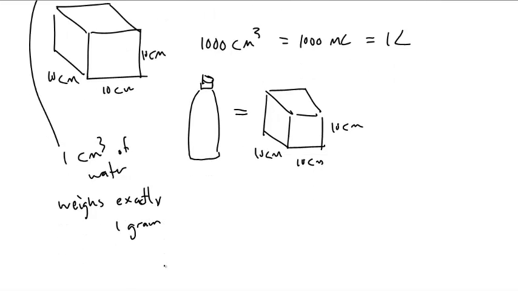And 1,000 grams, hopefully you know, is 1 kilogram. And hey, here's 1,000 grams. So 1 kilogram of water. So when you buy a 1 liter soda, well, I don't know, soda weighs a little bit different than water. If you bought 1 liter of water, it would weigh exactly 1 kilogram. So just sort of useful to know.